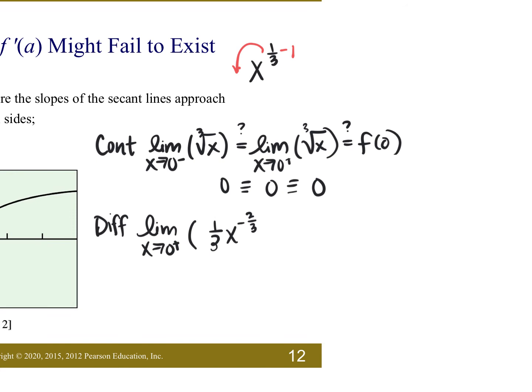So what would that end up looking like? Good. All right, so we're going to rewrite that as 1/3 x to the 2/3. And sorry, I'm realizing I wrote plus instead of minus right there. All right, and then we want to investigate, is that the same on both sides?